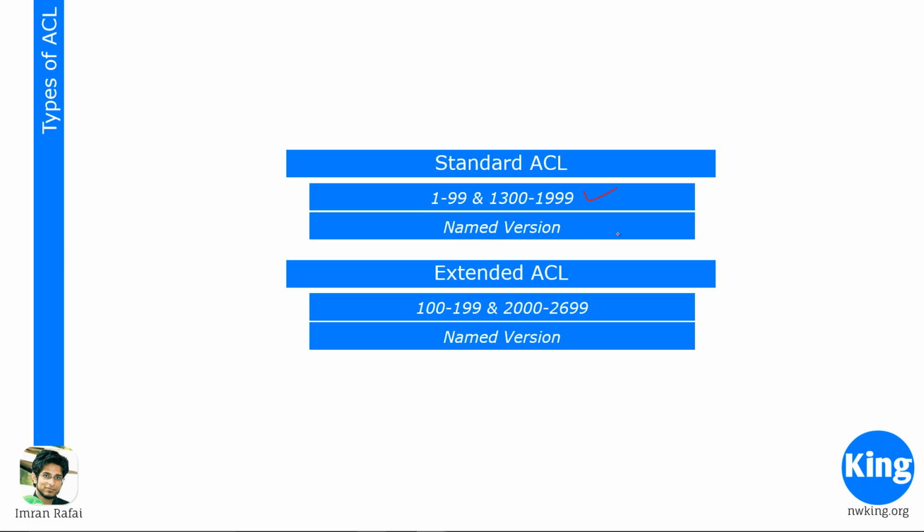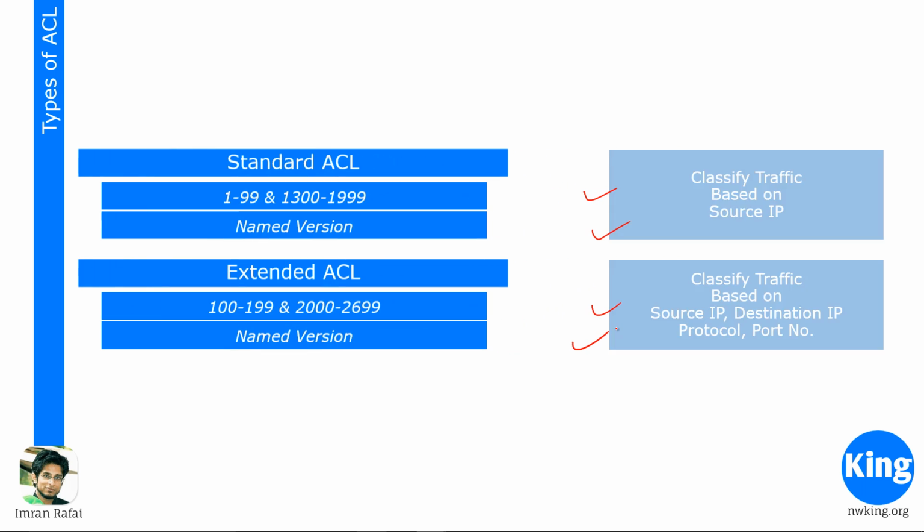We can also have a regular name for these access lists. That's also possible. Similarly, extended ACLs are ACLs with numbers 100 to 199 and 2000 to 2699, or of course you can have a named version of these ACLs as well. If it's a standard ACL, the classification is based on source IP address, right?